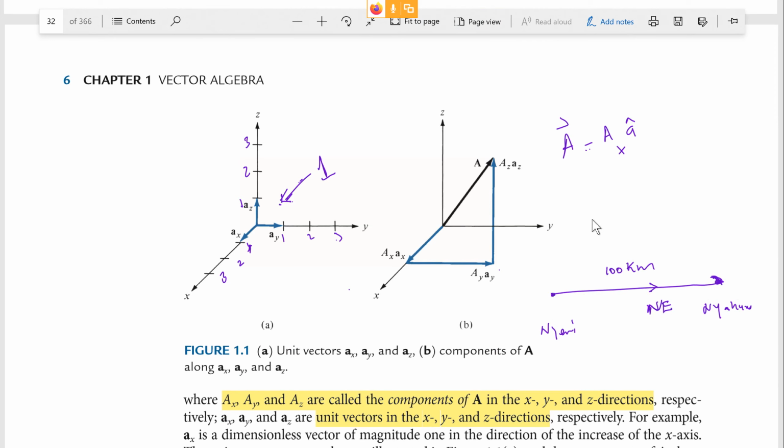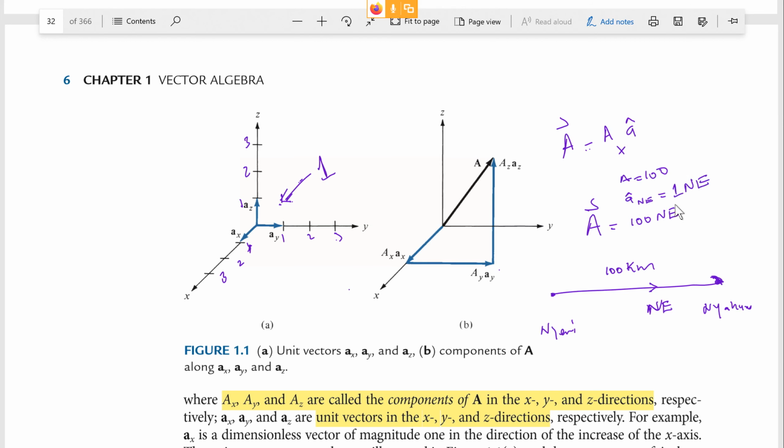So this might be represented by a vector A, which is equal to 100 in the direction northeast. We can describe this vector again using a magnitude, which is 100. So we say that A without an arrow at the top is the magnitude, and the unit vector a, with a hat, in direction northeast is equal to 1 in magnitude, but the direction is northeast.